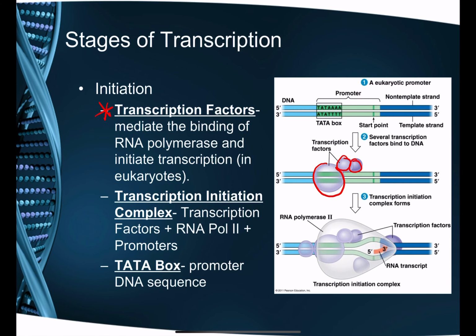You also have to have that promoter region for polymerase to bind. So together, the transcription factors, the polymerase, and the promoter region make up what is referred to as the transcription initiation complex, okay?